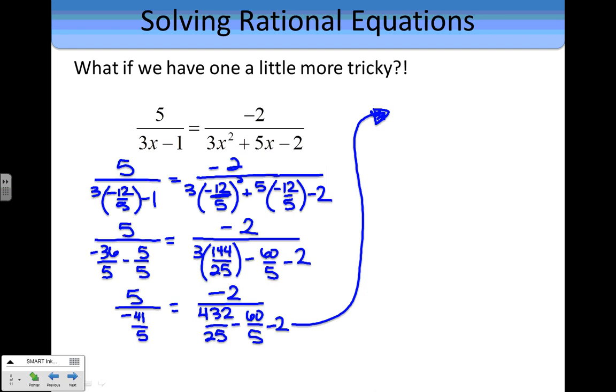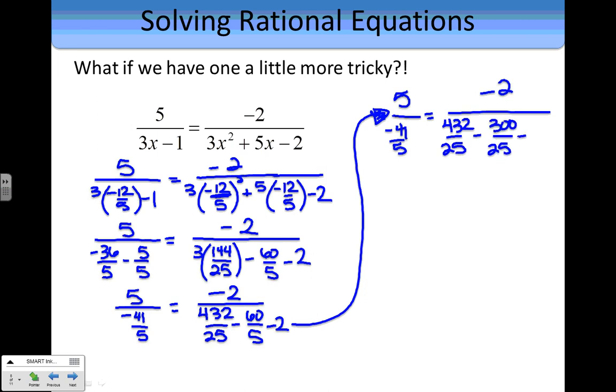So let's find a common denominator for that. We still have my 5 over negative 41 fifths over here. Kind of ignoring the numerator for now, I got 432 over 25 minus 300 over 25 minus 50 over 25.